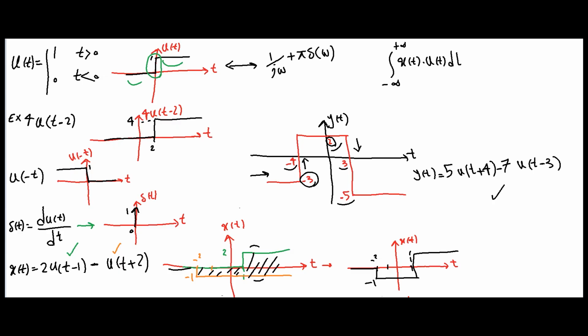Here, the integral is from -infinity to +infinity. But if you pay attention, since the unit step is 0 for negative t, you write the integral from 0 to +infinity. The unit step is equal to 1, and finally the integral becomes the integral of x(t) from 0 to +infinity.